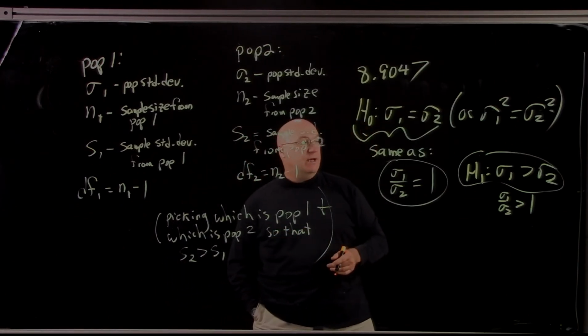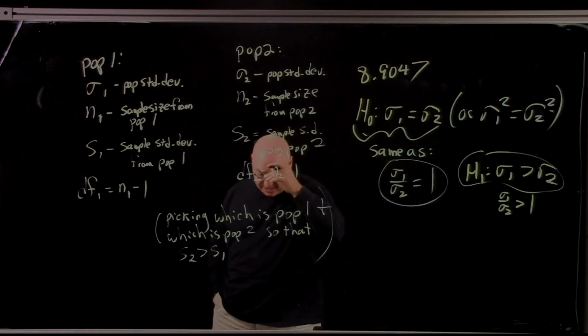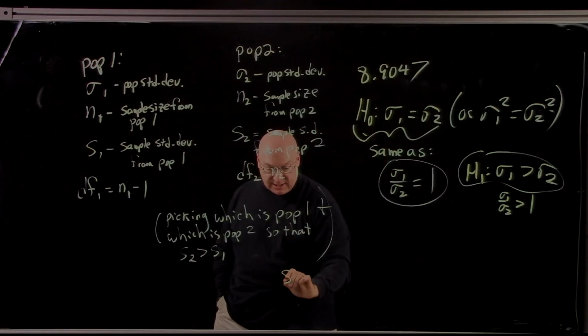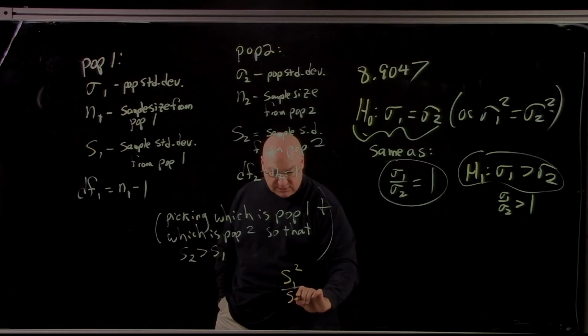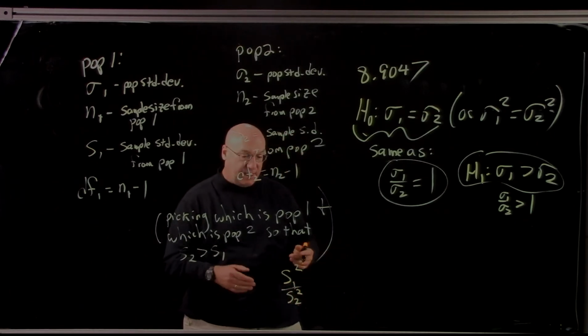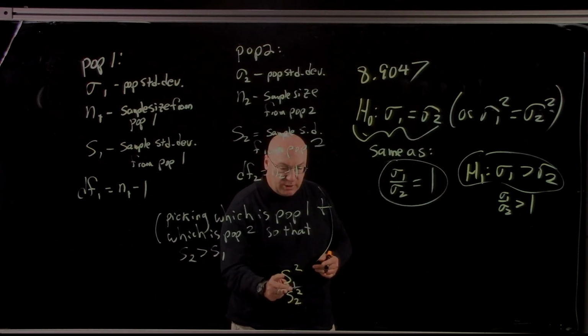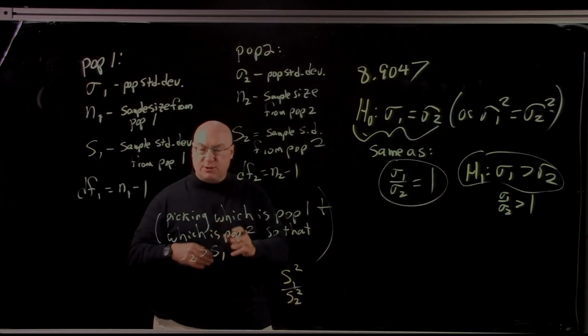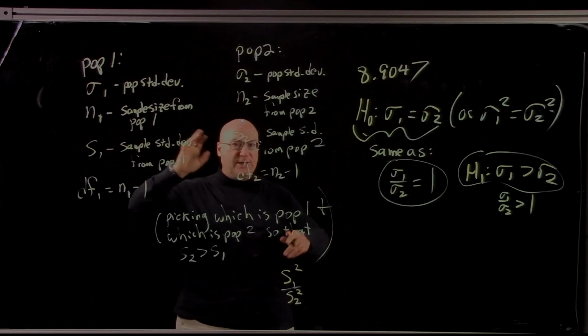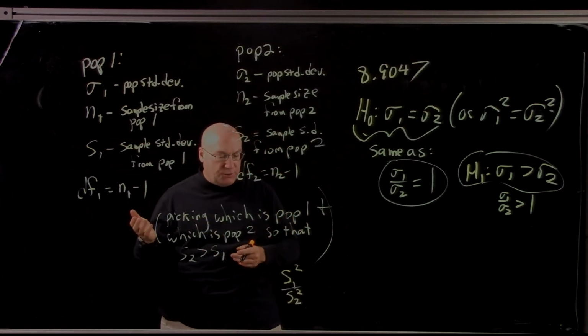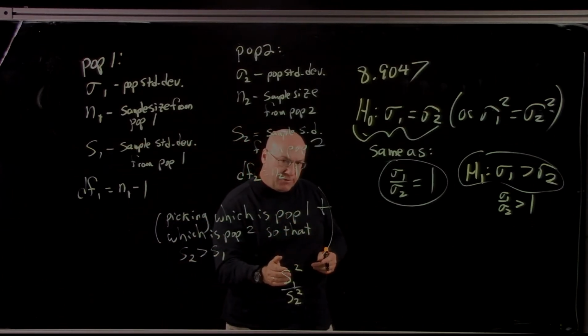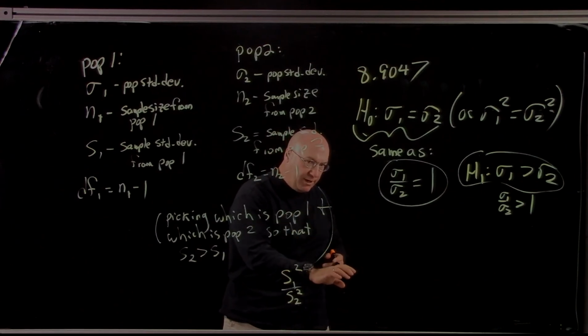So we're going to be looking at S1 squared over S2 squared, where you can see again, if these turn out to be equal, the ratio will be 1. But the way I've chosen it is so that S1 will always be the bigger of the two, bigger than or equal to. So I'm always going to get a number that's bigger than 1 rather than less than 1.